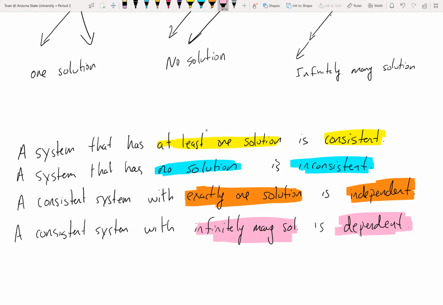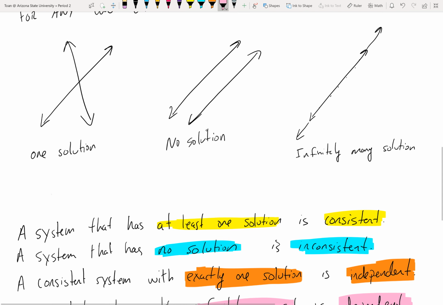So one thing I could ask you to do is I could give you a whole bunch of systems and ask you to classify them. Is it consistent? Is it inconsistent? If it is consistent, is it independent or dependent? Now, fortunately, you don't have a lot to memorize because, again, when it comes to linear systems, you have one of three choices.